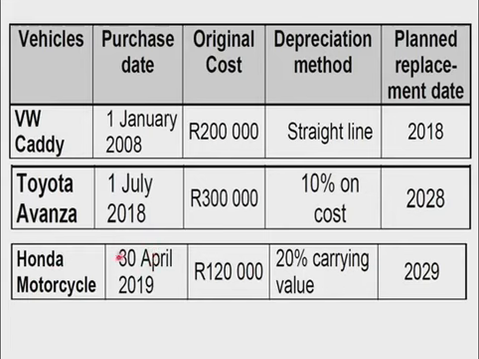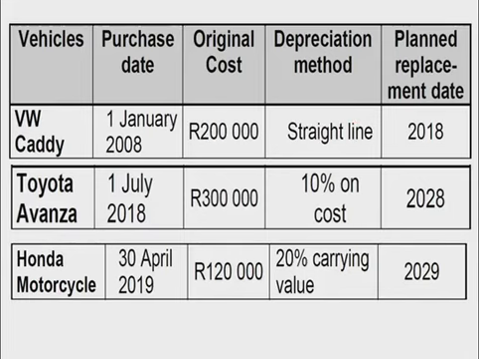We bought it this year, which is the 30th of April 2019, and the depreciation method is 20% per annum on the carrying value, and it will be replaced in the year 2029. Okay? But now they're talking about 3 different depreciation methods. So we're going to look at the different depreciation methods first, and then we'll tackle the different items.